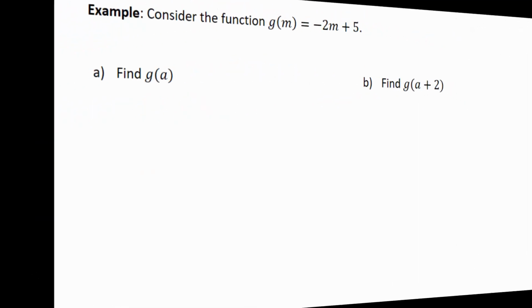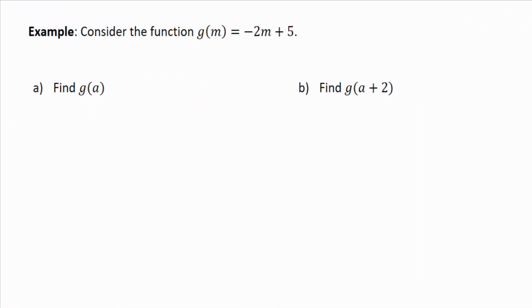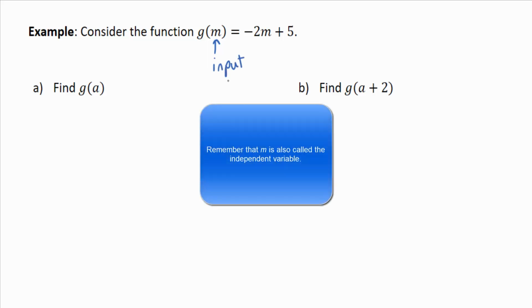Now, do we have to use f every time to denote a function, or x and y? Certainly not. So don't depend on those letters, right? If you see something like g of m equals negative 2m plus 5, this guy in parentheses is your input. M is your input. And by the way, you could always replace g of m with y.